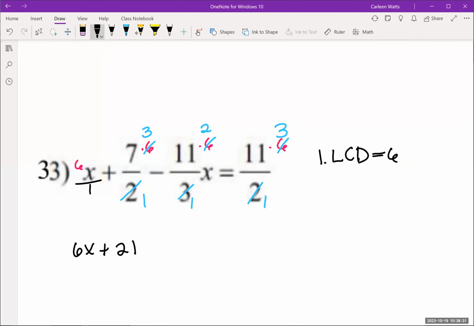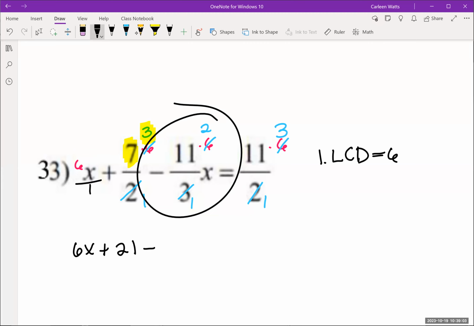Yeah, do you see where that 21 came from? Minus. How about this? Okay, let's go back to the 21. So where did it come from? This 3 times that 7. And yes. Okay. Minus. Okay, good.